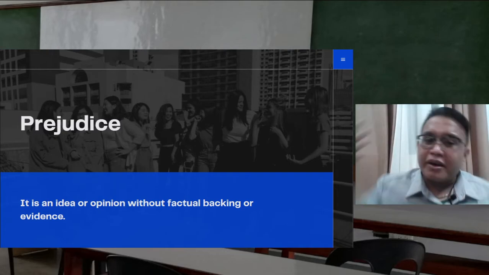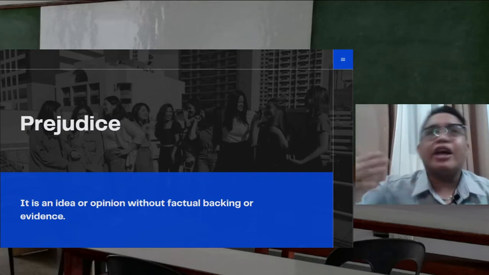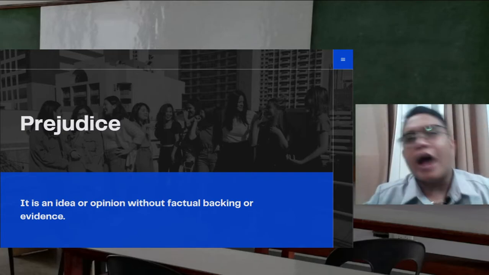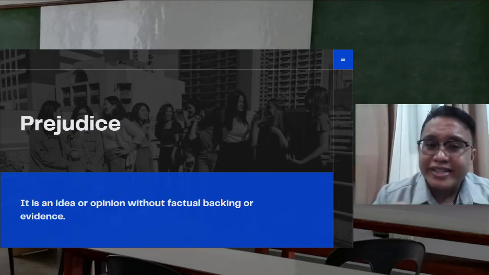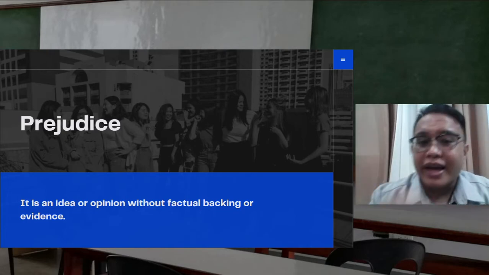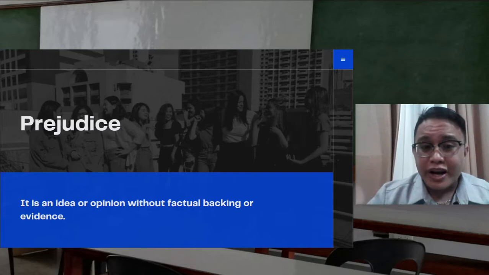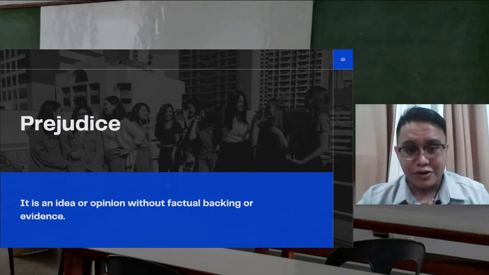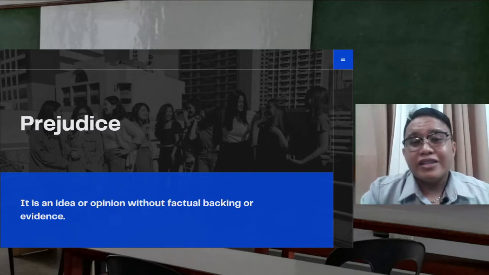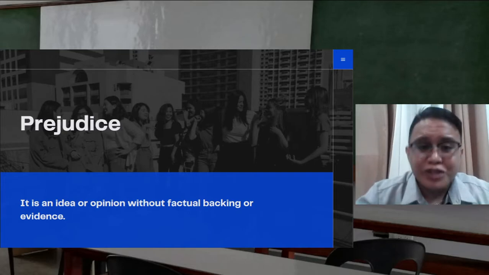It's not backed by research. If I say African American fathers are absentee fathers, that does not have a factual backing, unless I can produce a statement backed by research and others. If it doesn't have any evidence or factual backing, then this is just a prejudice. It's not a bias.